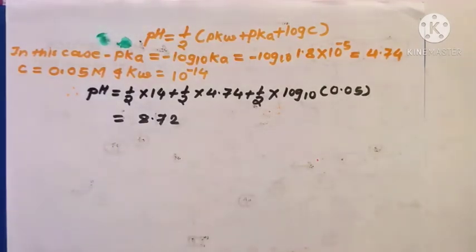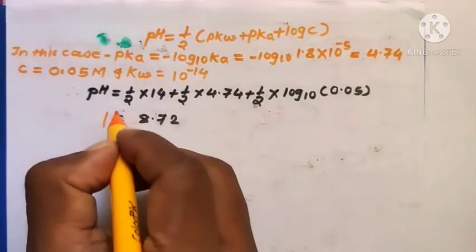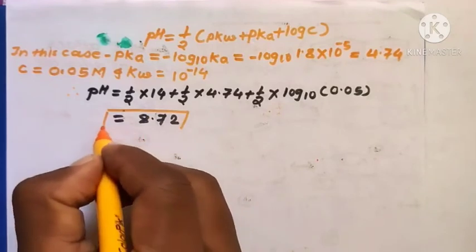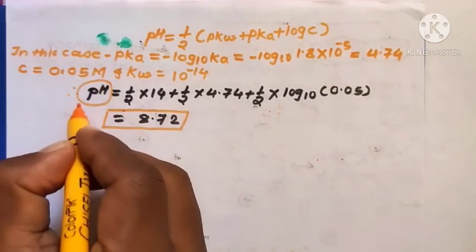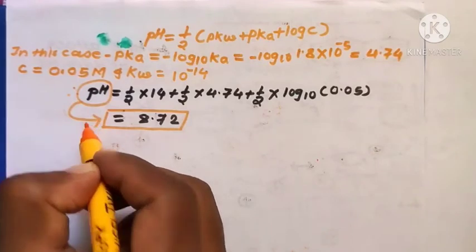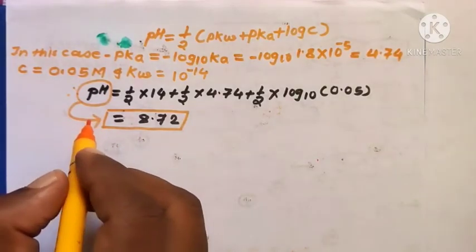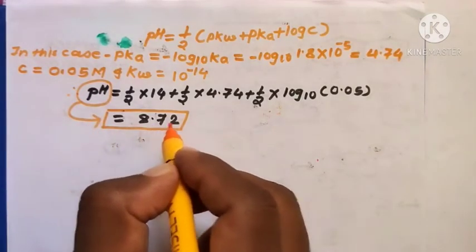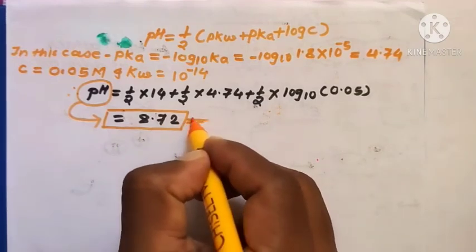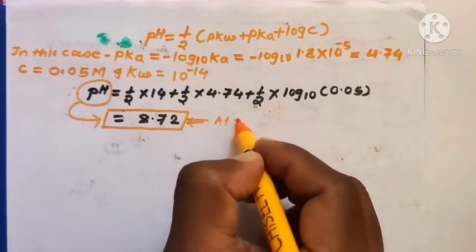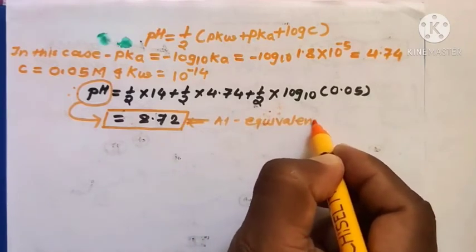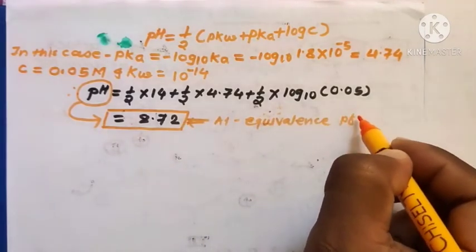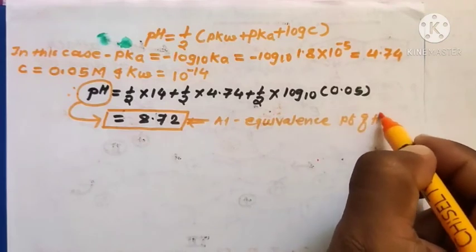Now the pH at the equivalence point of the addition of 10 cm cube of strong base, that is NaOH, into the weak acid is 8.72 at equivalence point of titration.